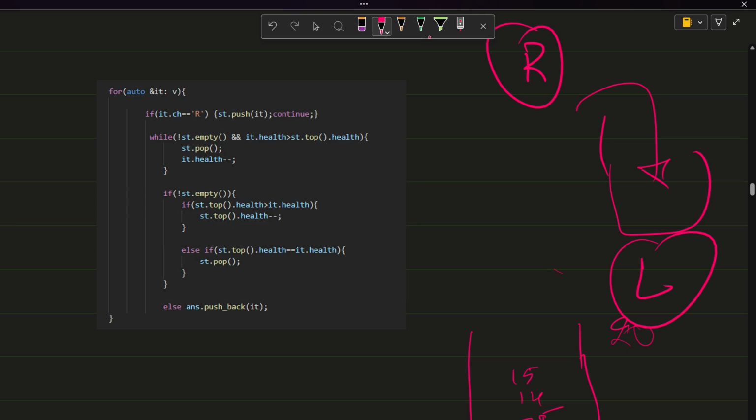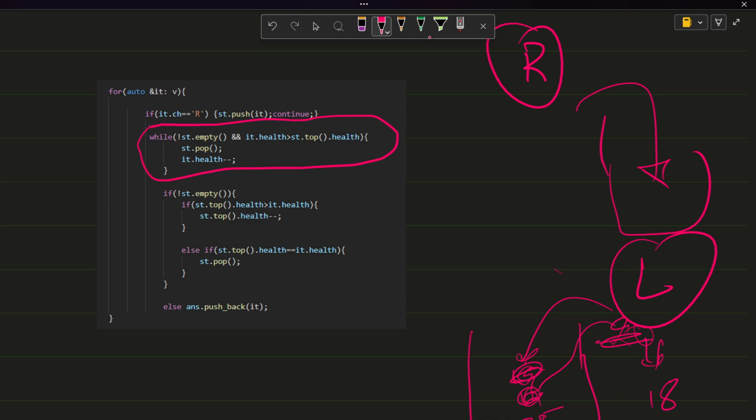So this will be eliminated, and by encountering two of them it will be 18. So the initial idea is: if the left robot has health greater than the present robots in the stack, then we pop from the stack and do its health minus minus, because this left one is what we are iterating over in v. So we decrement its value by 1. At this juncture, it's 25 and 18. This one is the right one, this one is the left one.